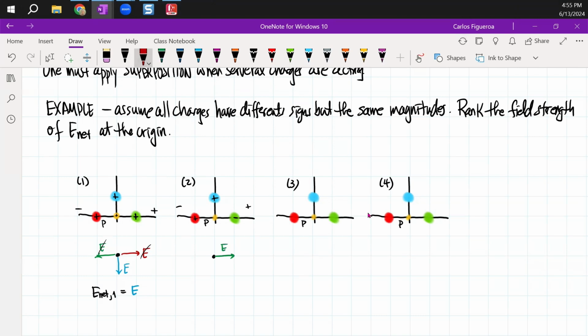It's moving it to the right. And the blue is pushing it down here. So the net field is in this direction by superposition. This is the net field at 2, and right away you can see that 2 has to be bigger than 1.